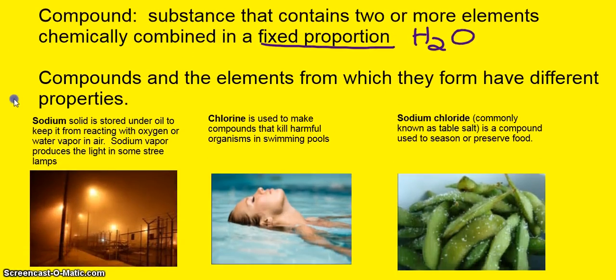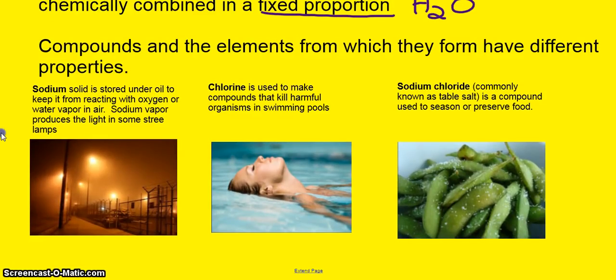Now, when we look at the types of properties that are in compounds compared to their elements, they're often very different. Think for a moment of table salt, sodium chloride. Sodium as a metal is extremely reactive. We actually have to store it in oil to prevent it from reacting with oxygen or water vapor in the air.